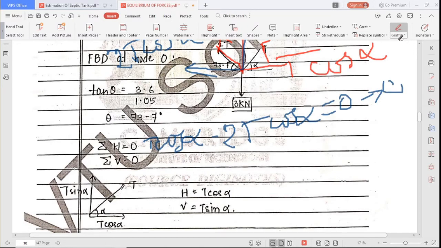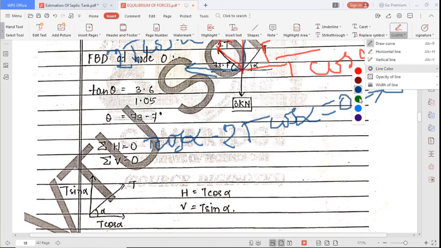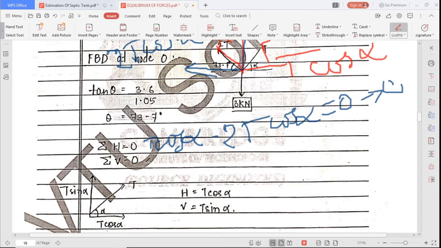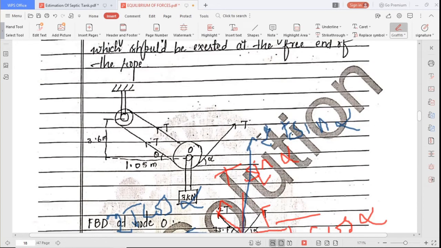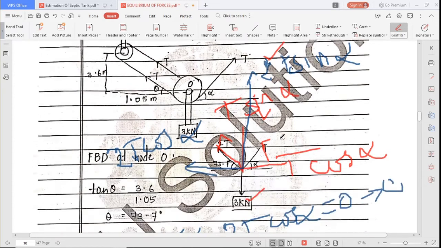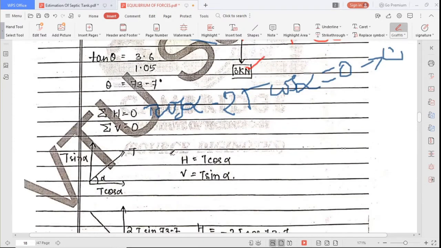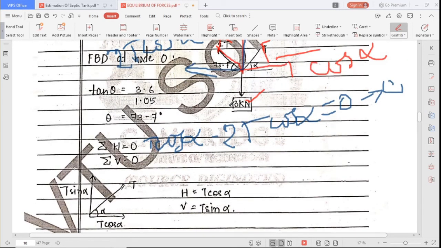Now vertical forces equal to 0. Which are the vertical forces? Here 3 kilonewton is one vertical force, T sin alpha is another, 2T sin alpha is the third. 3 forces are there. So 3 kilonewton is downward, and we'll assume upward as positive.